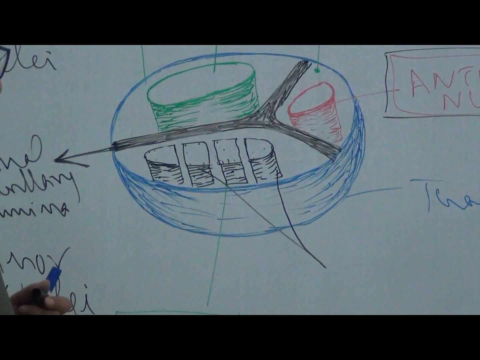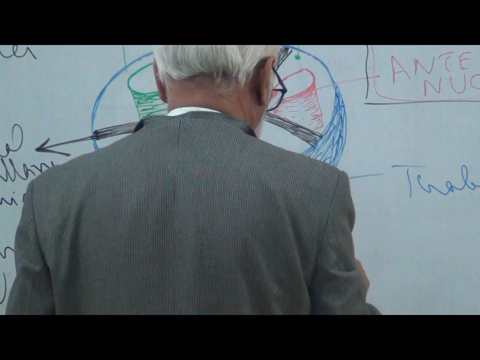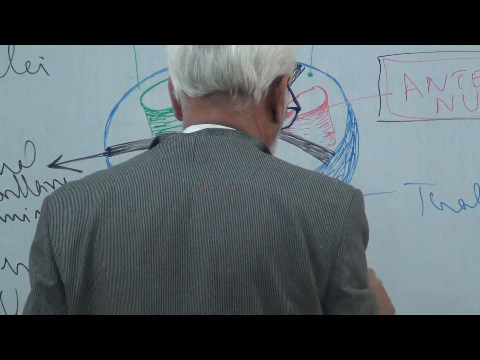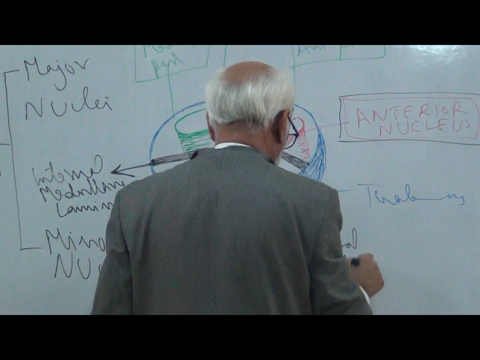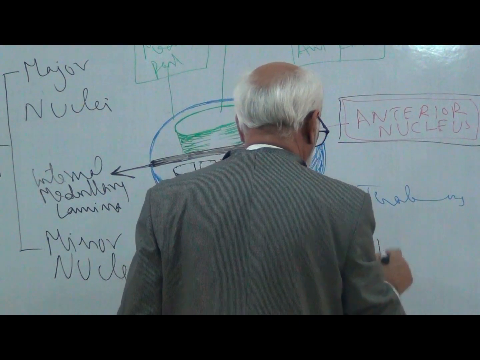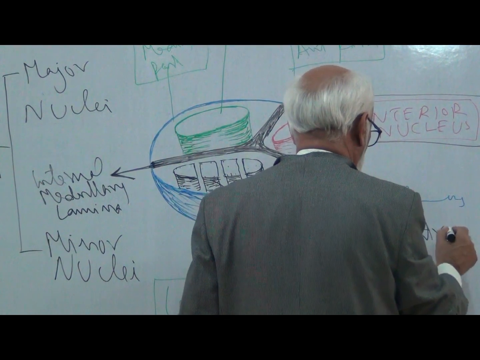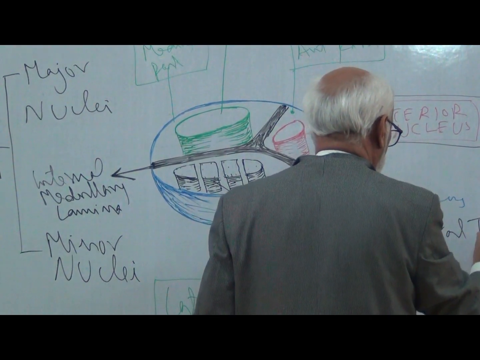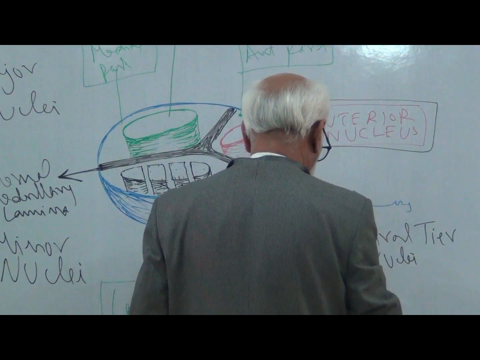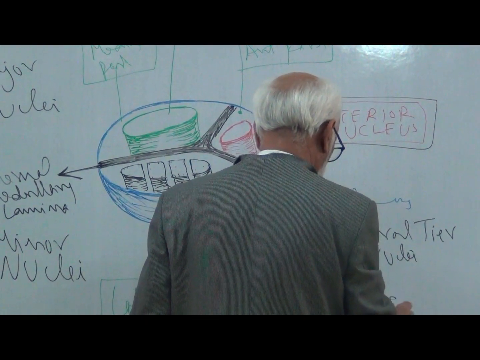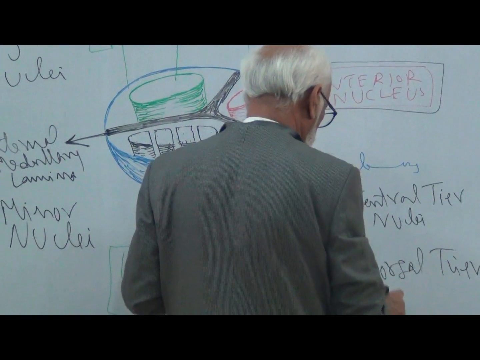In the lateral part, there are several nuclei which are classified into ventral tier nuclei and dorsal tier nuclei.